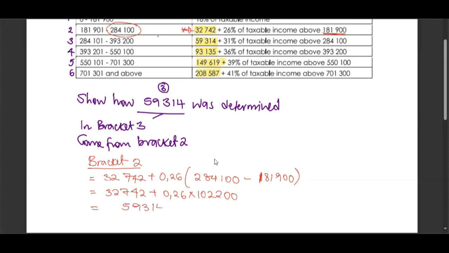This is the value that you got. Indeed, we are proving this. So it's here. That's how we prove it.